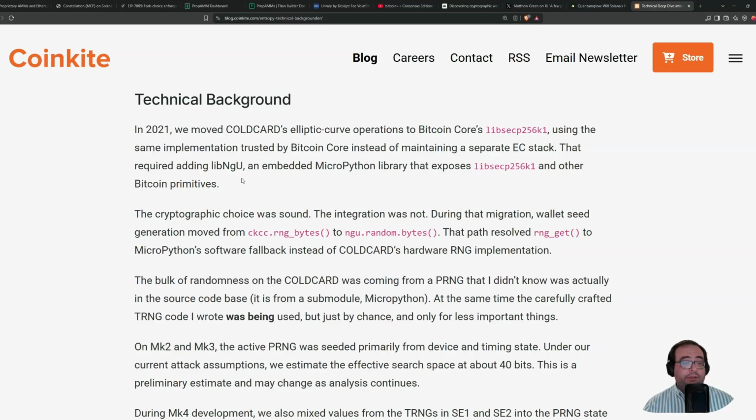But basically, what happened is that during an update to the firmware, to move to Bitcoin Core's elliptic curve crypto, the standard implementation, the randomness that was custom built for the hardware wallet was replaced by the randomness of the MicroPython library, and that was not built for a Bitcoin or crypto hardware wallet at all.